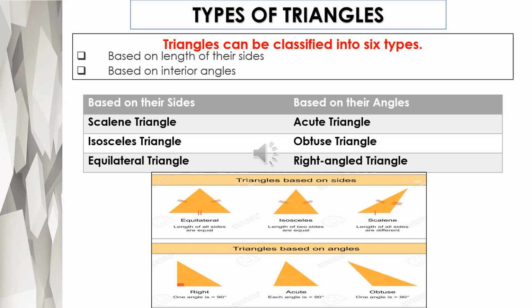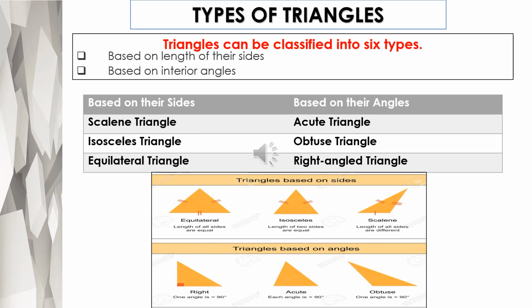Have a look at the types of triangles. Triangles can be classified into six types: three based on the length of their sides and three based on interior angles. The ones based on their sides are scalene triangle, isosceles triangle, and equilateral triangle.